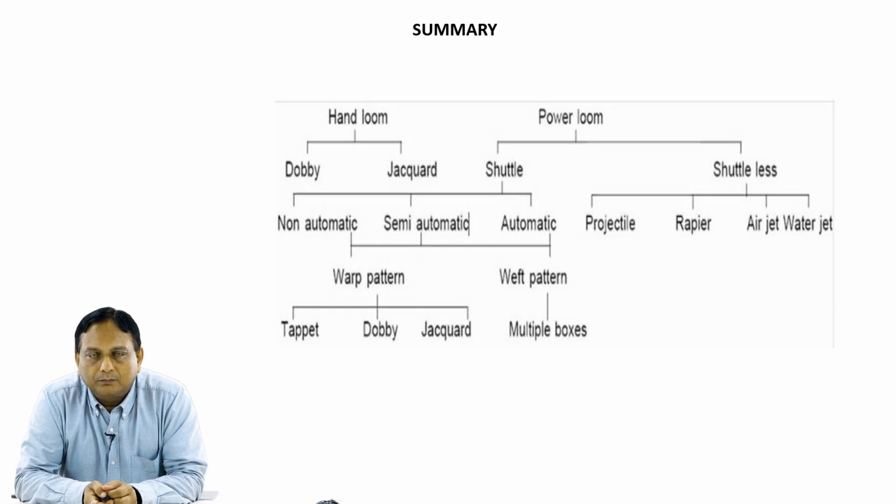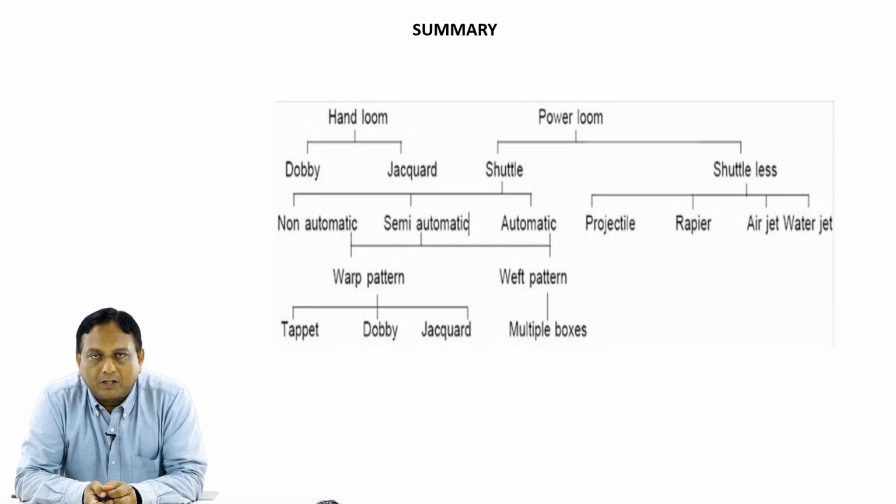So, summary of this particular lesson: we have seen that looms, if we try to divide them, are of two kinds, one is the hand loom, another is the power loom. In hand looms, dobby and jacquards are also there. Dobby and jacquard can also be there in the power loom. In the case of the shuttle loom, we can also see non-automatic, semi-automatic or fully automatic shuttle looms.